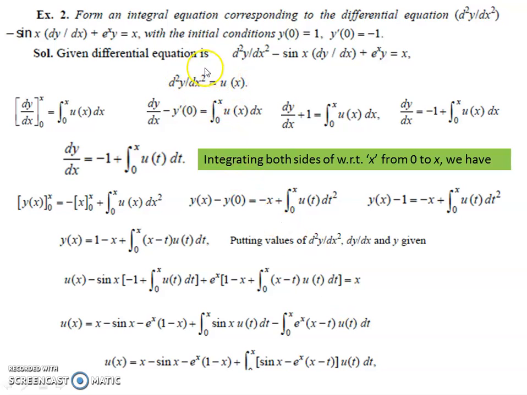First we take this double derivative is equal to u(x), integration both sides, and find the value of dy by dx, again integration both sides, and we get the value of y(x). All these values substitute here, so we convert the differential equation into Volterra's second kind integral equation. So the formulas which we use: first one is integration both sides with respect to x, and second, the multiple integral converts into a single integral.